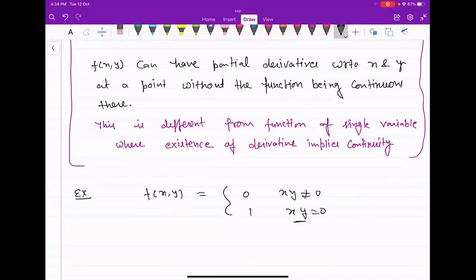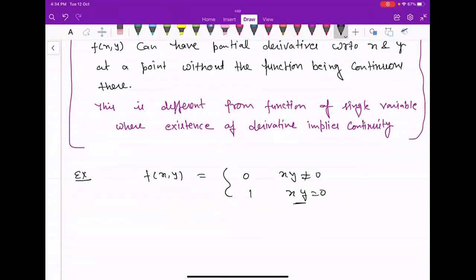So xy equal to 0 contains all these three conditions. And the function value is 0 when xy is not equal to 0, that is, neither x nor y is 0. Otherwise it is 1.